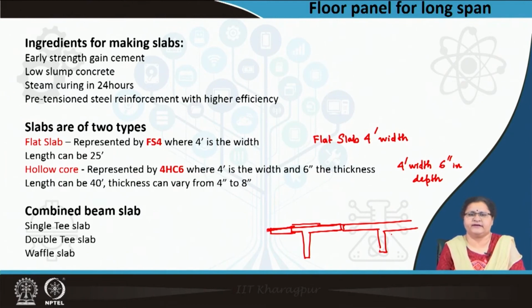Now, there are different types: double T, single T and waffle slab, where T is in both the directions and it becomes a waffle like structure. So, we will come to each of them one by one.